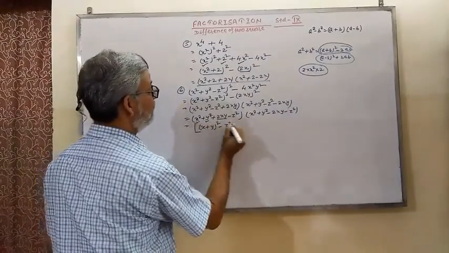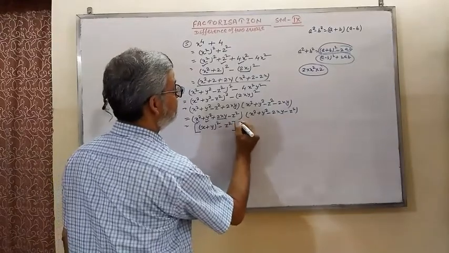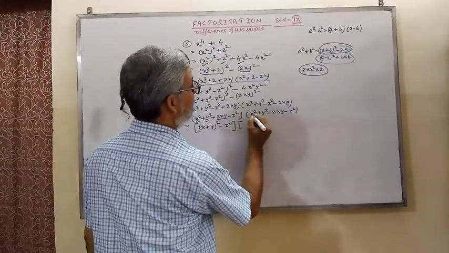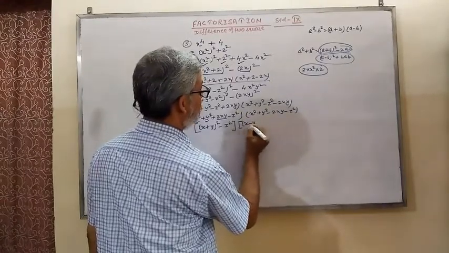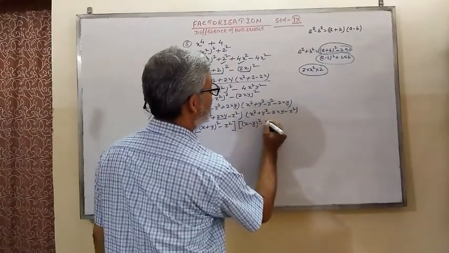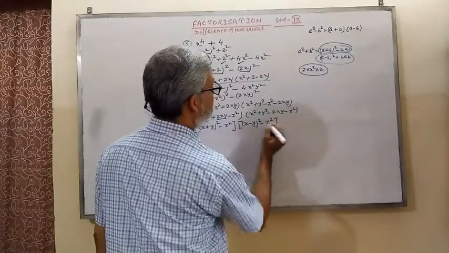Put this in a big bracket, into a square plus b square minus 2ab, that is (x minus y) whole square minus z square.